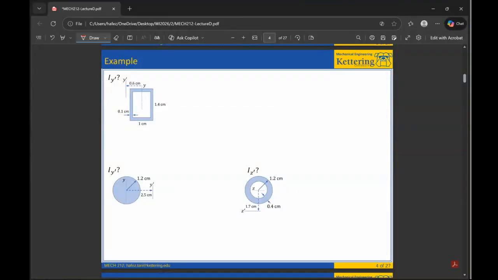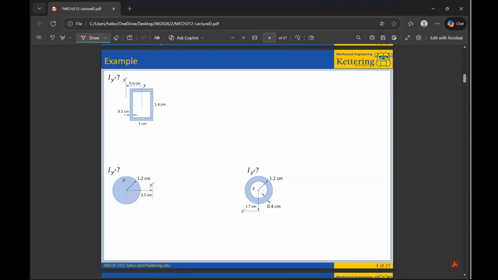All right, we just did I calculation for solid rectangular geometries. Now we have a cavity inside. Any idea, guys? Yes, please.